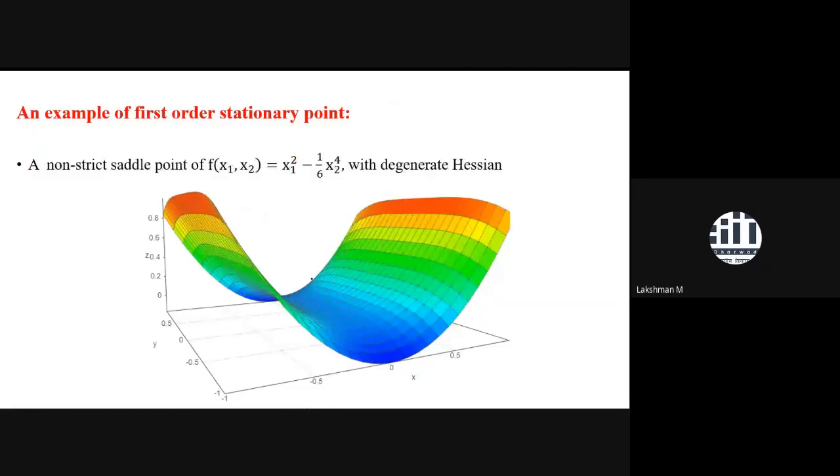Another example I have taken is a non-strict saddle point. In this example, this one is a saddle point, and you observe some flatness coming here. It is not similar to the last case. You get a non-strict saddle point when your Hessian is degenerate, that means the Hessian has at least one eigenvalue 0. That means the determinant of that Hessian is 0. That means the Hessian is singular.